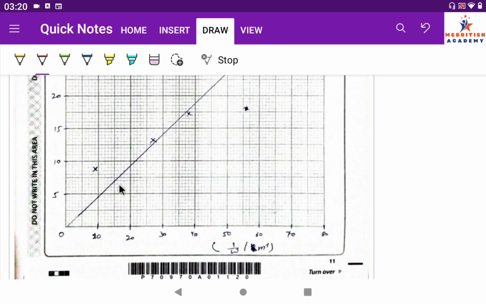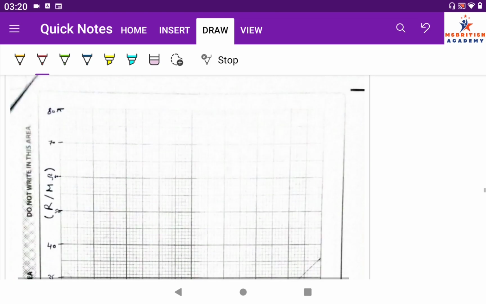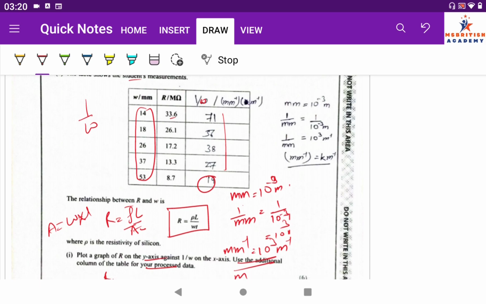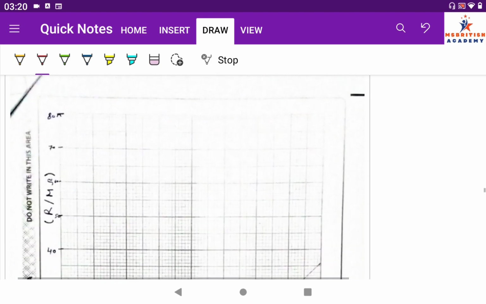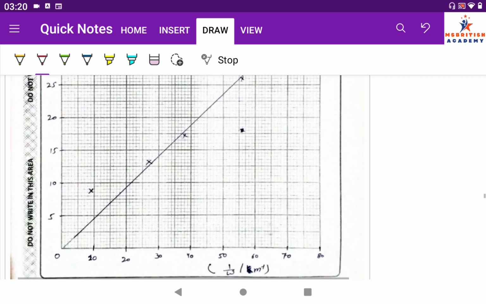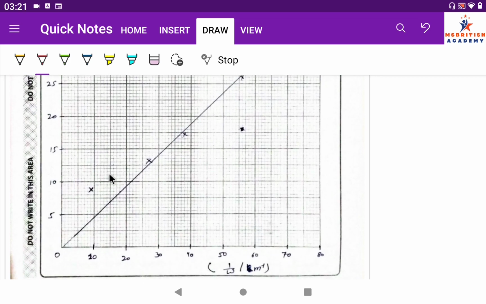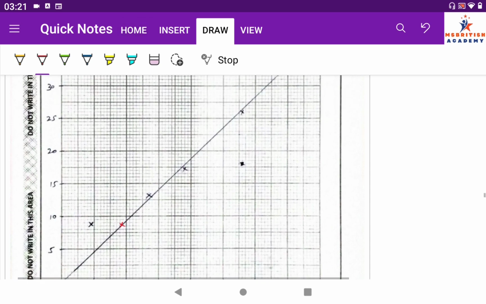At 19 the resistance is 8.7. At 19 the resistance was almost 8.7. Yes, it will be around here.